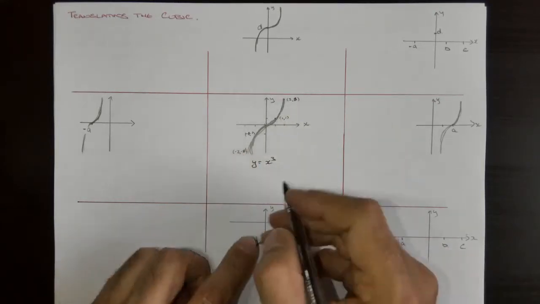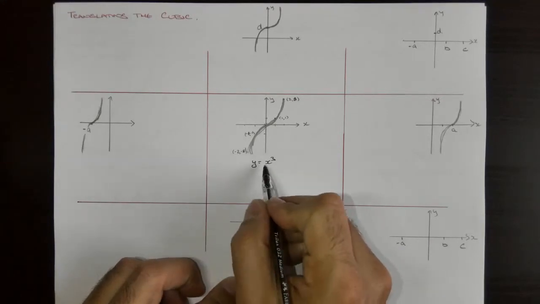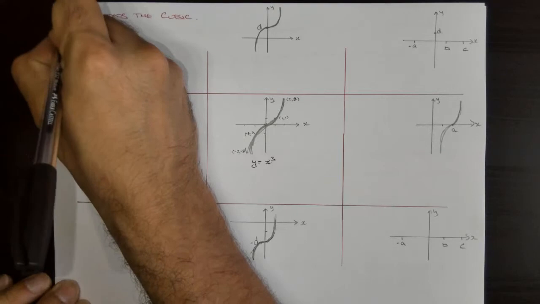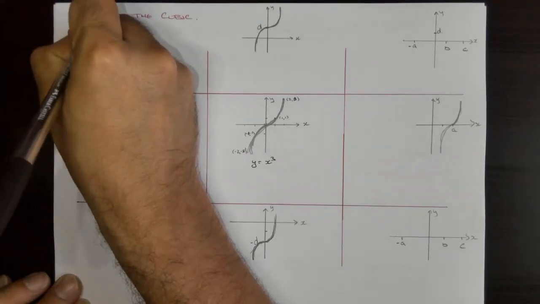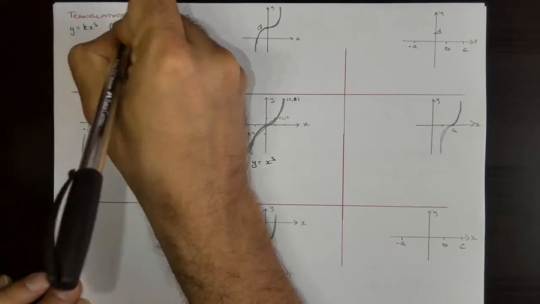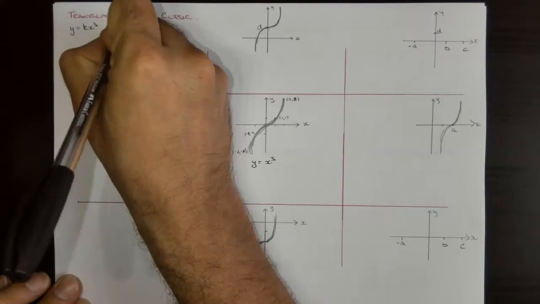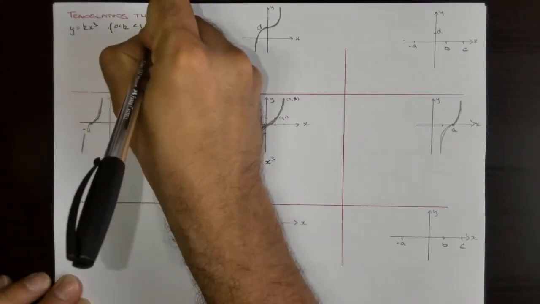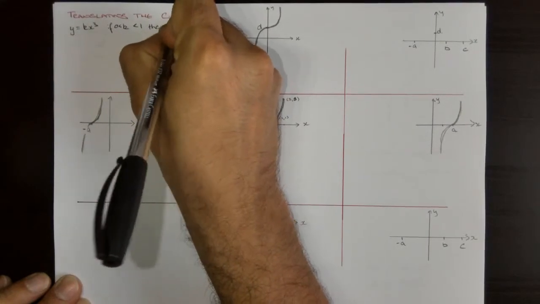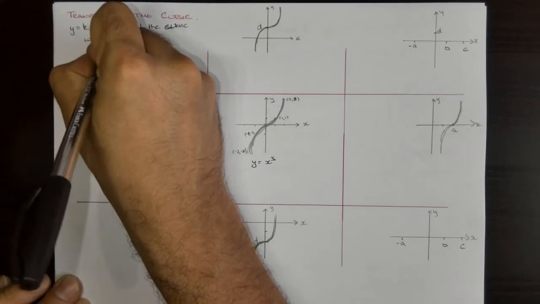If we want to broaden or widen the rate at which the curve goes up, we put a coefficient of x cubed less than 1. So if we have y equals kx cubed, if k is less than 1, the cubic will appear wider.